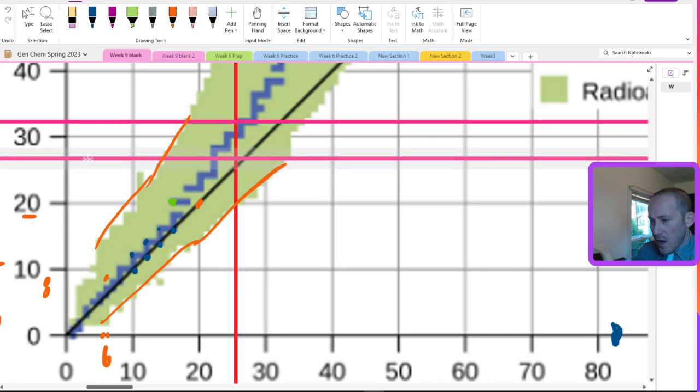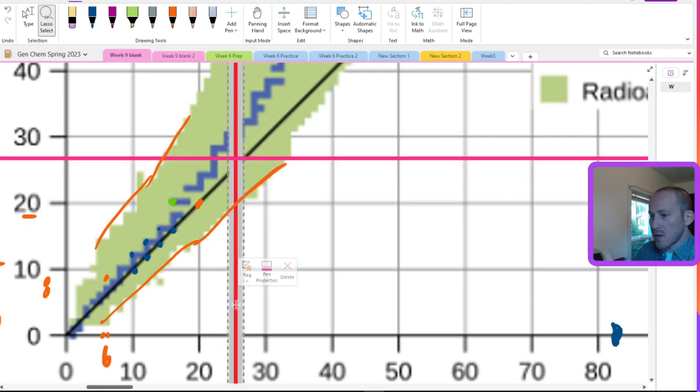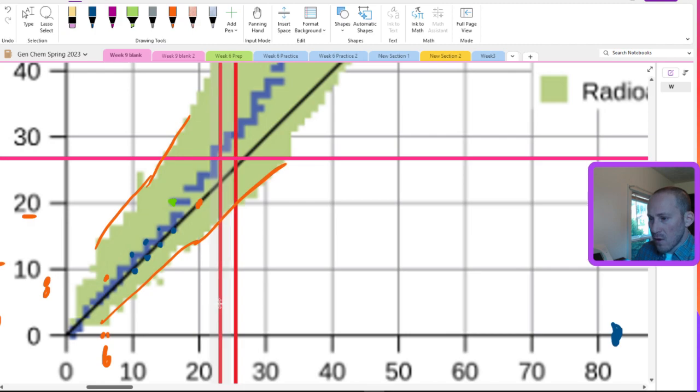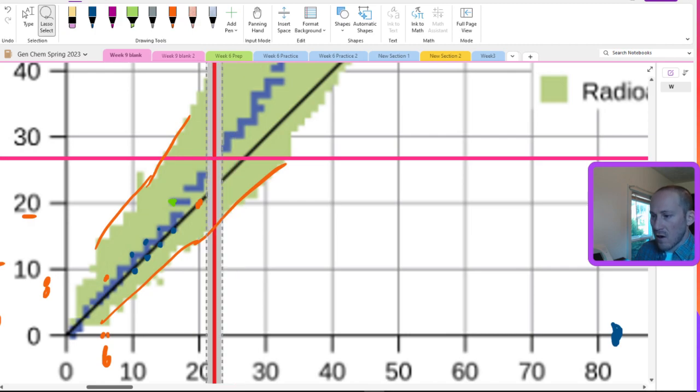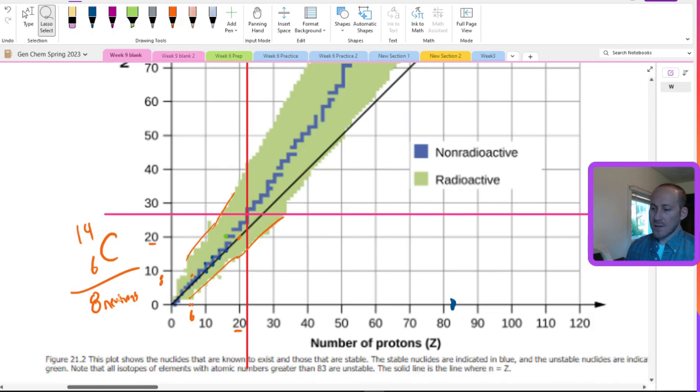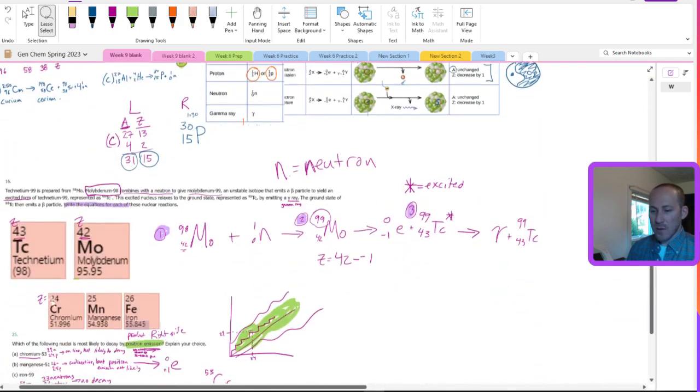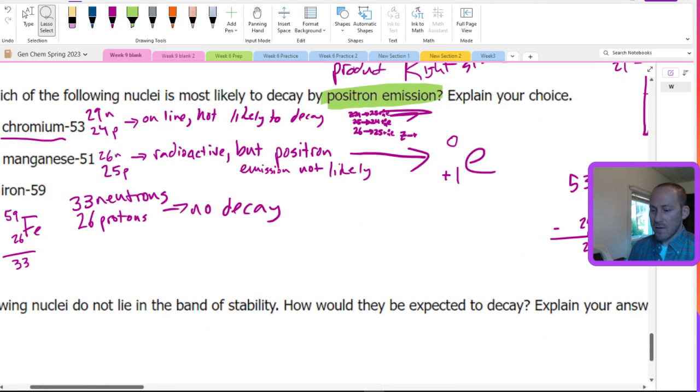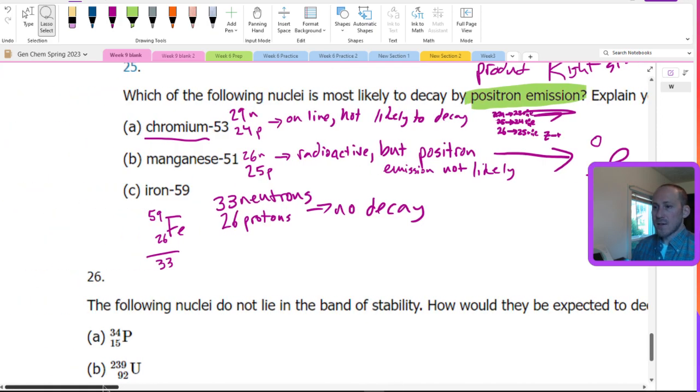And so if it had a positron emission, here's what it could do, is multiple positron emission. You lose 1, 2, if you lost 3 positrons, then you're on the line of stability. So that's my answer. I don't know if that's what the book would say, but I do feel confident saying that in this case, the answer is not chromium or iron 59 because those are not going to decay because those were both on the line.